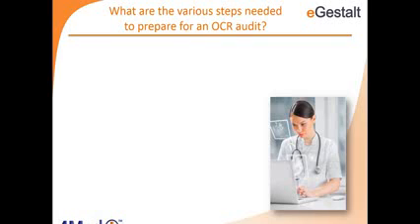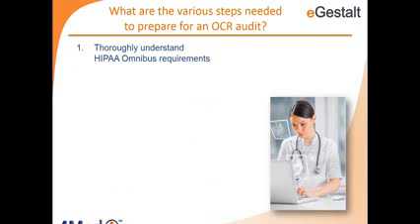So given what OCR is looking for from businesses from an audit perspective, what can businesses do to prepare themselves for an OCR audit? Let me talk about 7 steps here.